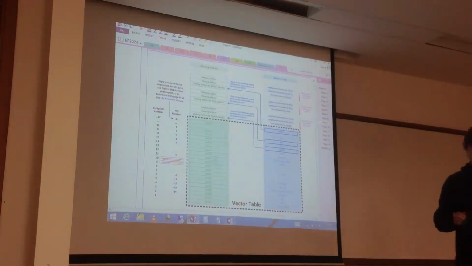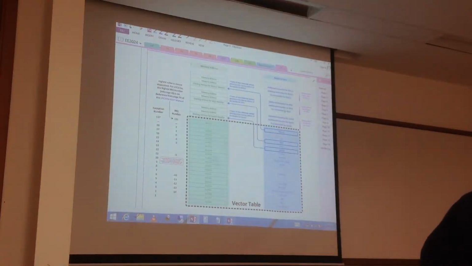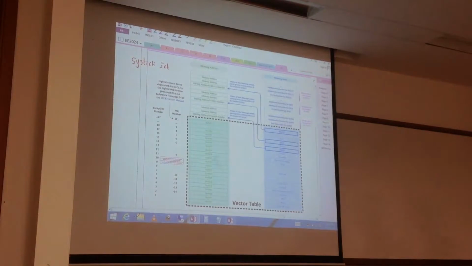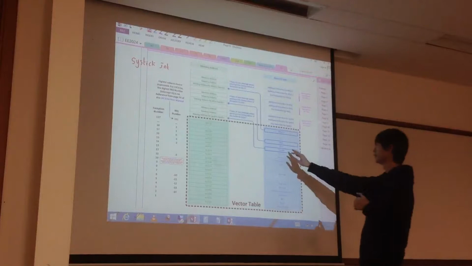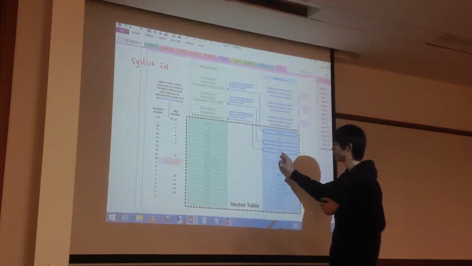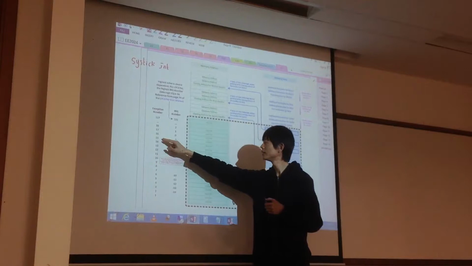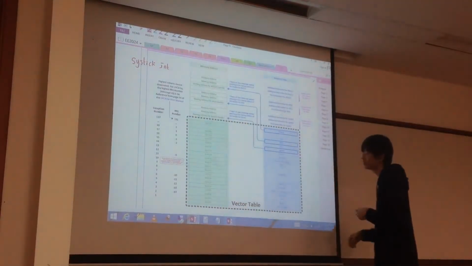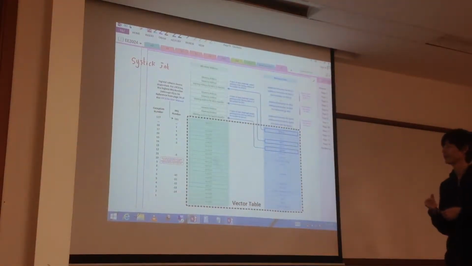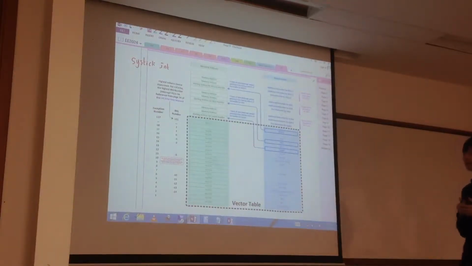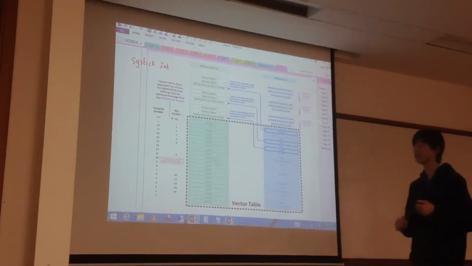Let us say, for example, the SysTick interrupt occurs. Okay. Well, what is SysTick? SysTick is interrupt ID 15. Like we have seen for EE2024E in lab, it is 21, right? Here, SysTick is 15.